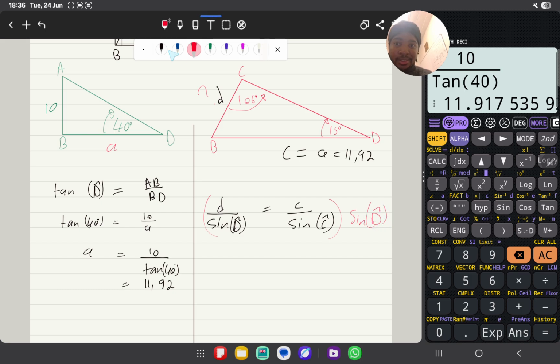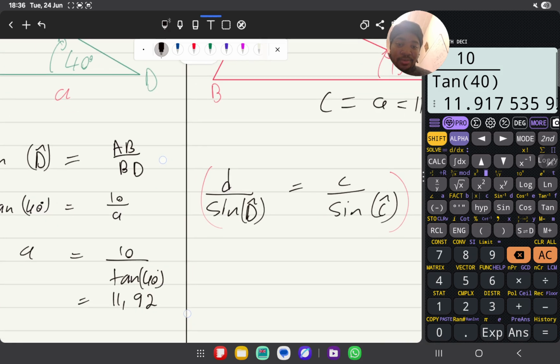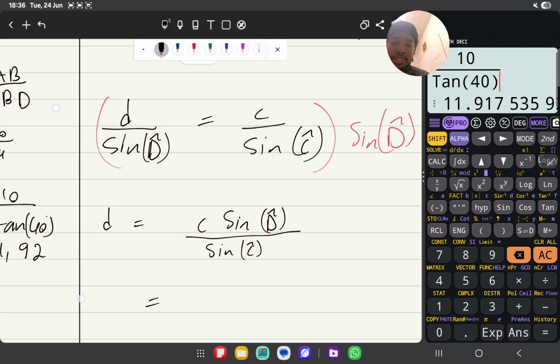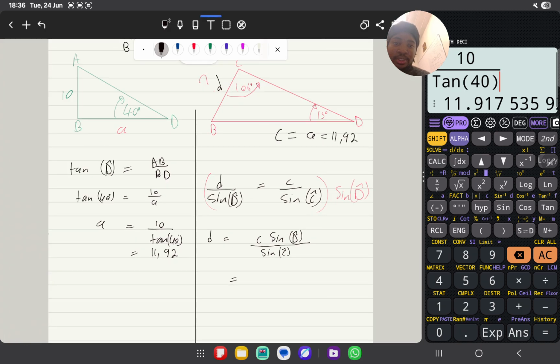After doing all of that, D is equal to C sine D over sine C. Then I can just substitute C. What is C?